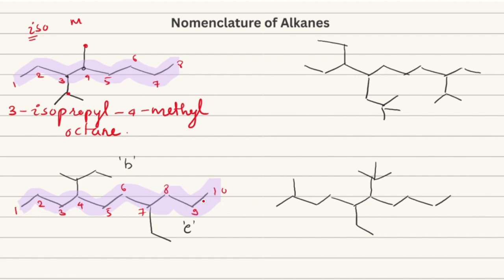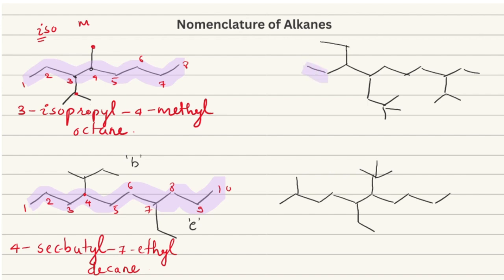We have 10 carbons, so the root word and suffix would be decane. Let's start naming from here: 4-secondary butyl, and at the 7th position there is an ethyl, and all together there are 10 carbons, so decane. That is the name of the molecule.